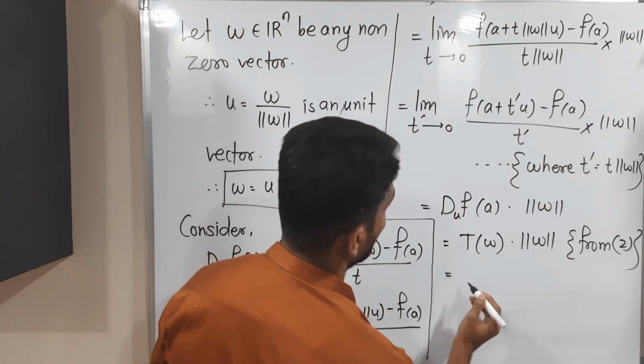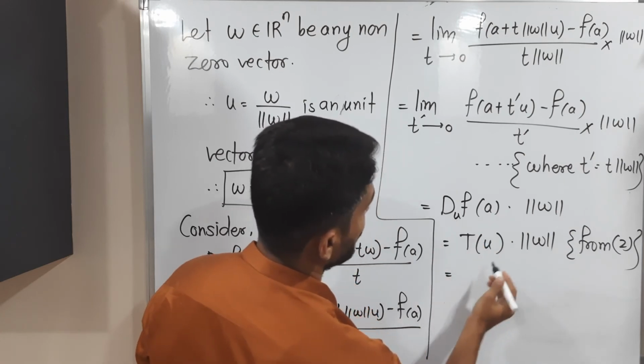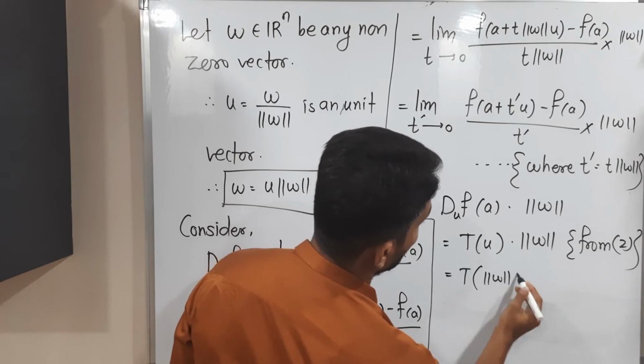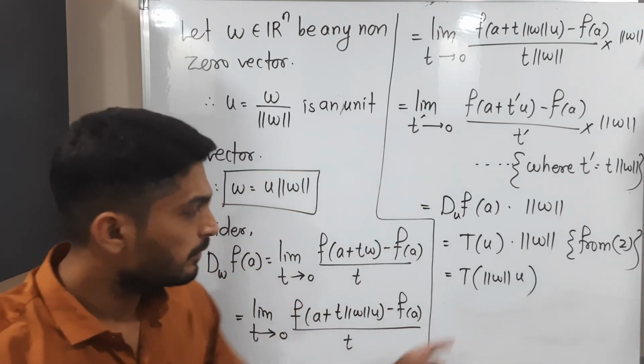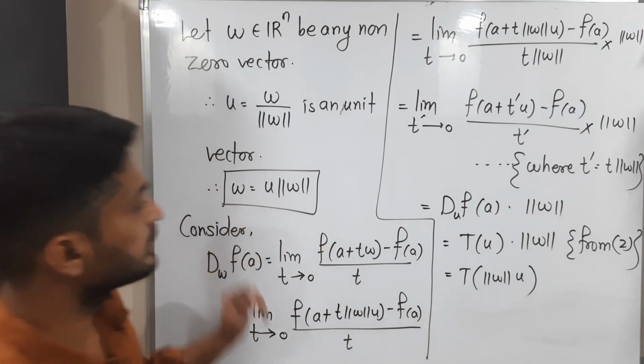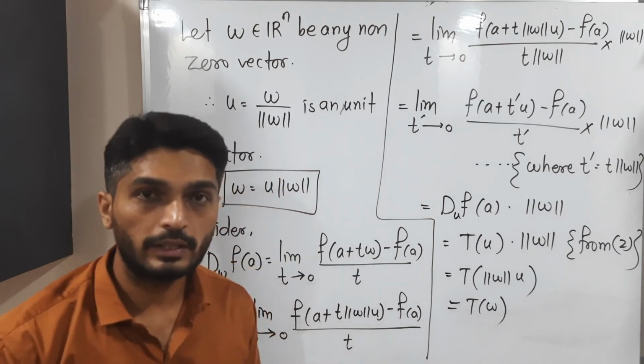So this is equal to, sorry, this is u, T of u. So what can we write? This is T of norm w times u. We have seen it somewhere: norm w into u is nothing but w. So this is equal to T of w. T means what?